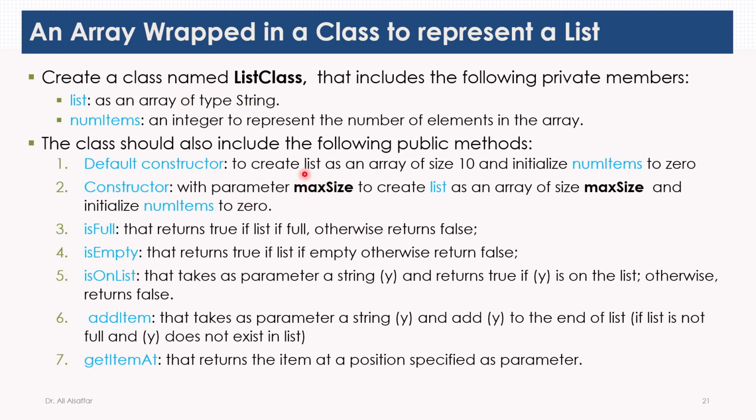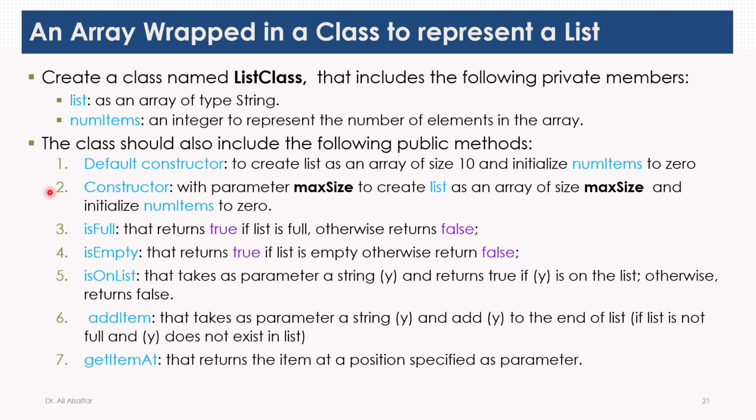As if you remember, we called it the capacity, which is going to be the length of the list. So it depends on what is the size you want this list to have. You provide as a parameter to the constructor this size, and the object or the class will create the array of this size. So it is to create a list as an array of size maximum size, and also will initialize number of items to 0.